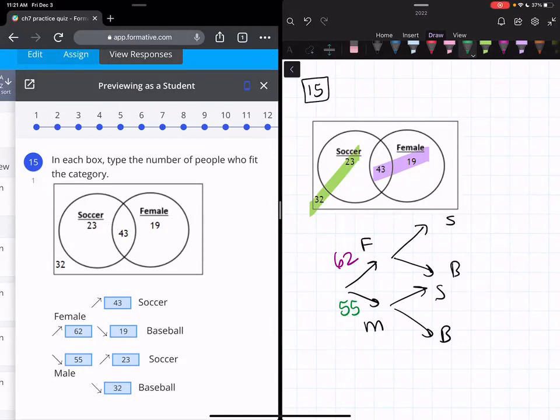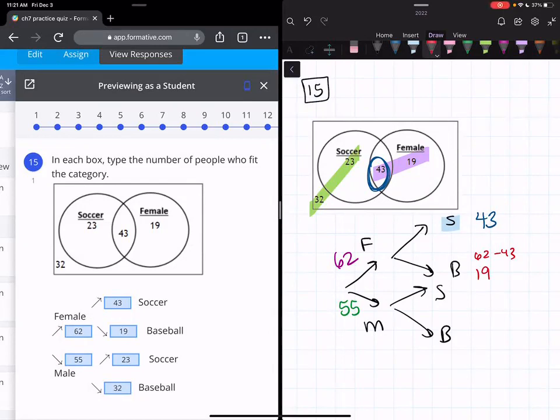All right, so how many females play soccer? 43. Which means how many females must play basketball? 19. 62 females exist. 43 of them play soccer.